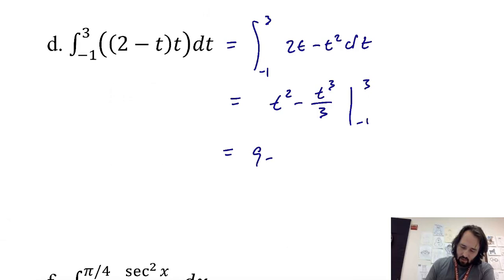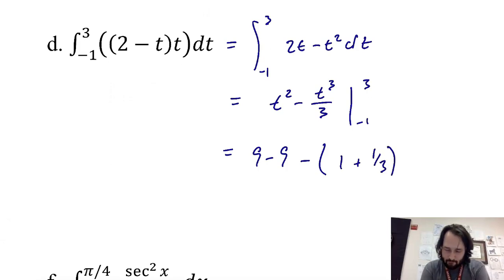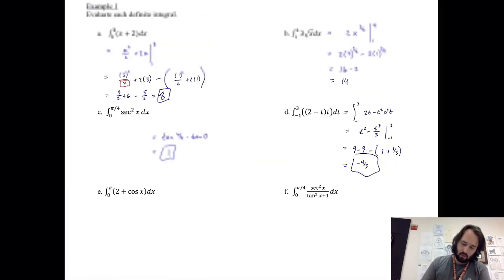So I would have 9 minus, well, 3 to the third over 3 would just be 3 squared, so 9 minus 9 minus 1 plus 1/3. 9 minus 9 is 0, and then we have -4/3. I'm going to verify that one because there was a lot of math that I did in my head. -4/3 it is.